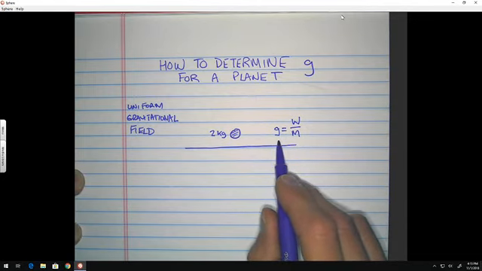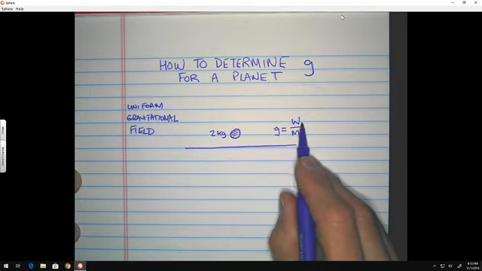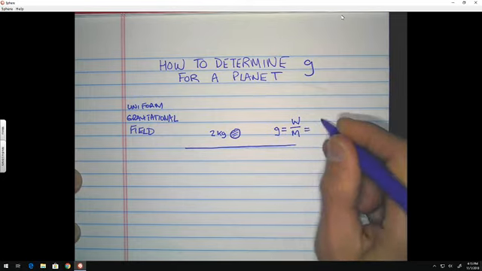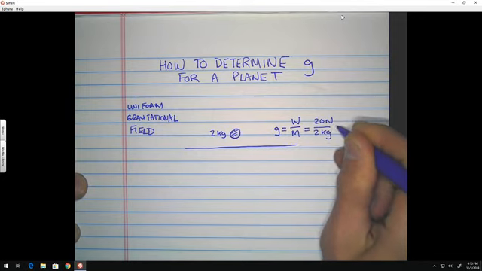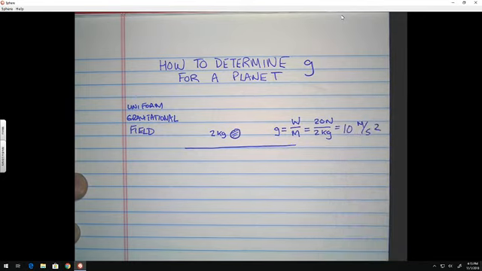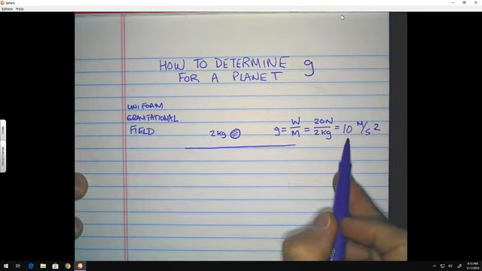And truly, we would define the gravitational acceleration this way. If you can measure how much something weighs and divide by its mass, that's the acceleration. So let's say this object weighs 20 newtons. You divide that by 2 kgs, and you get an acceleration of 10 meters per second squared. That could be an experiment, and you would determine g that way.